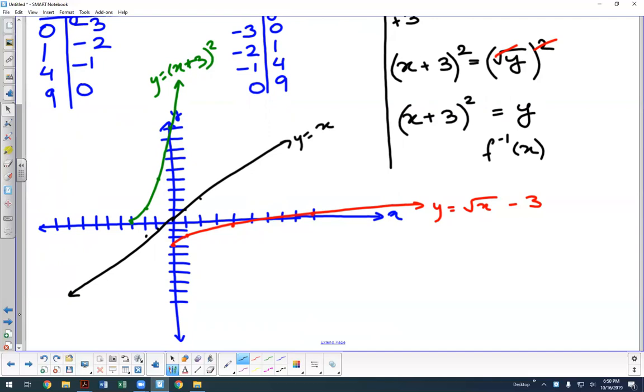Now, what can we say about the domain and range for the original function? So for the square root of x minus 3 function, what's our domain?